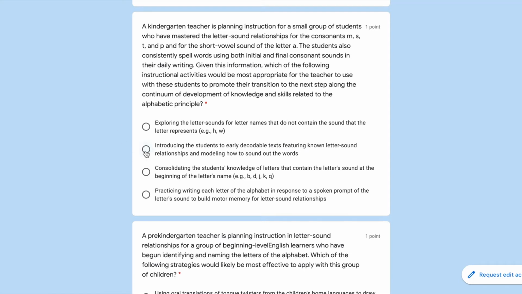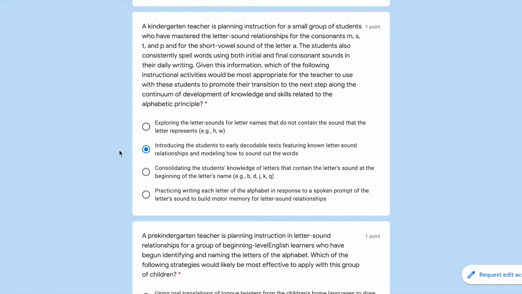All right, everyone, we are going with option letter B, and the second one, or B, is correct because the kindergarten students described in this scenario are able to spell words with the letter sound relationships that they know. This suggests that they understand the alphabetic principle and can perceive at least 2 phonemes in a word.